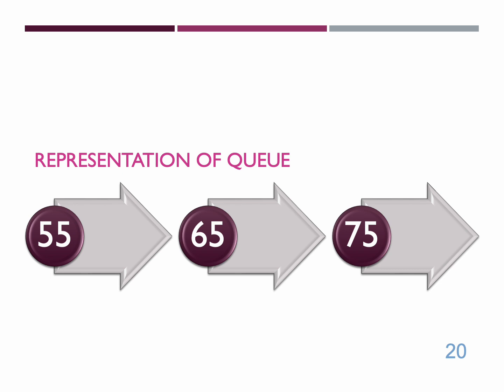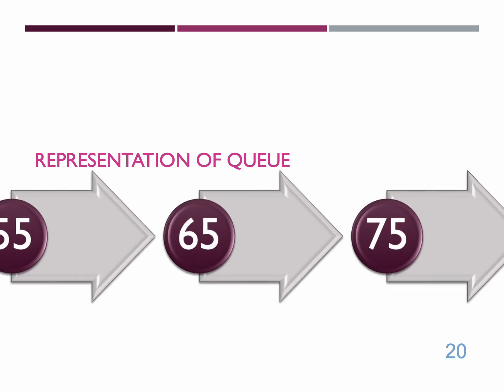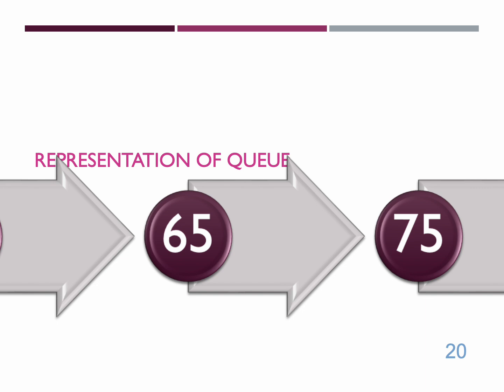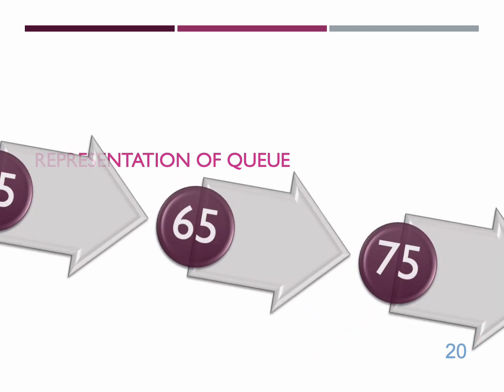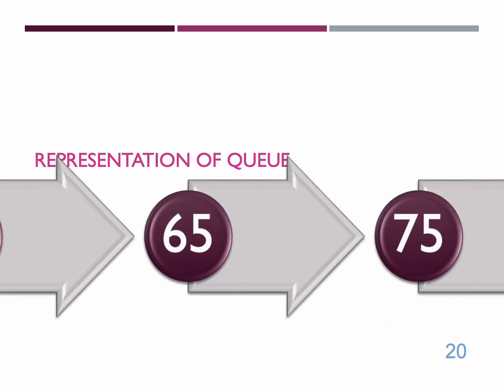Let's say 75 comes first in this queue, and then 65, then 55. So which one will go first? 75 will go first. It's just like a queue or a line at a bank counter or a bus counter. When people are standing in a queue, whoever comes first will get on the bus first. So this is how it works.